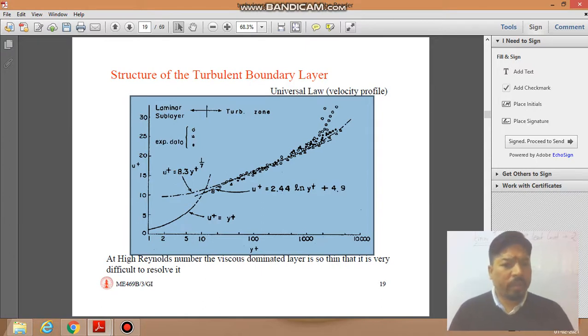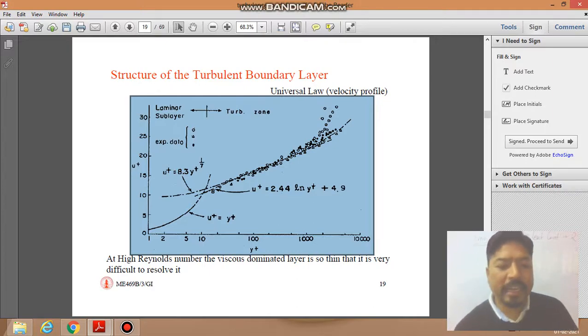So wherever the Reynolds number increases, the turbulence will increase and it's too difficult to solve that particular problem. That's why in computational fluid dynamics we have different types of turbulence equations available, by which we can solve these turbulent models in computational fluid dynamics. I hope you understand this.